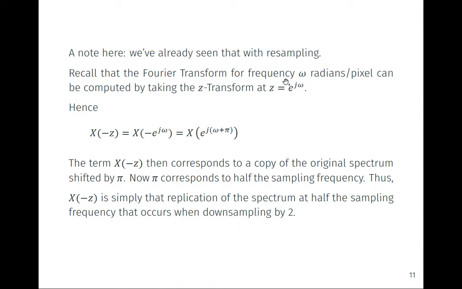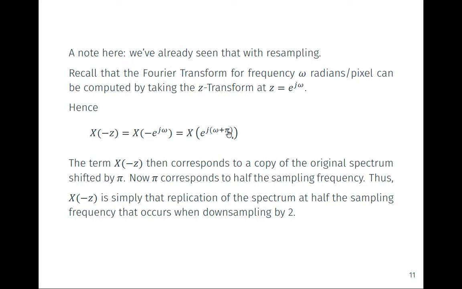The relationship between the Fourier transform and the Z transform is that Z is exponential of j omega. When you look back at the equation, it's exactly the same. If you replace Z by exponential of j omega, you realize that minus exponential of j omega is the same as exponential of j omega plus pi, because exponential of j pi is minus 1.